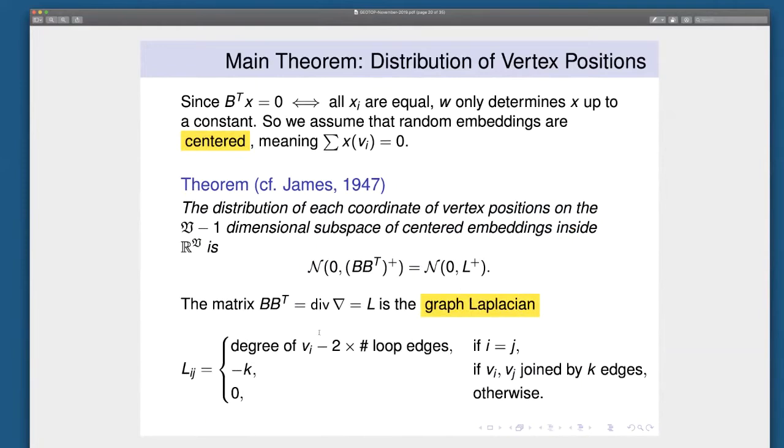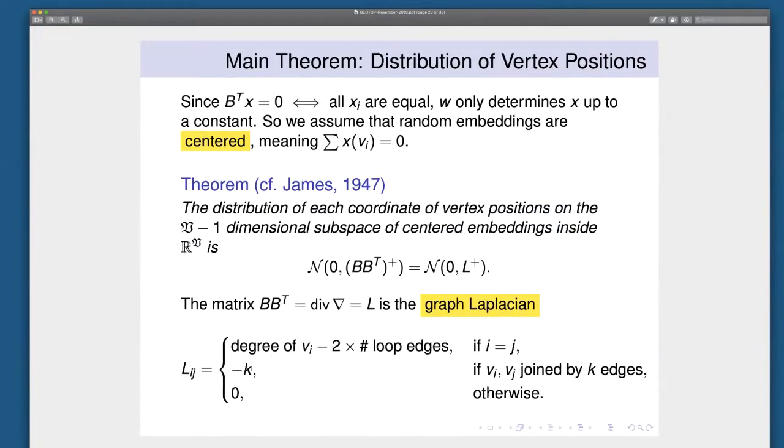So just to write it out explicitly, it turns out that on the diagonal, you get the degree of the vertex, but loop edges don't count. So you subtract 2 for every loop edge, because neither the outgoing nor incoming edge counts towards the degree.